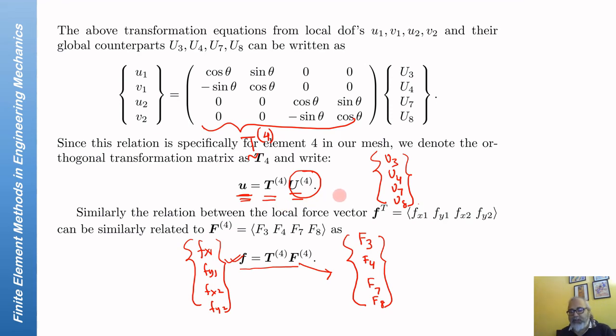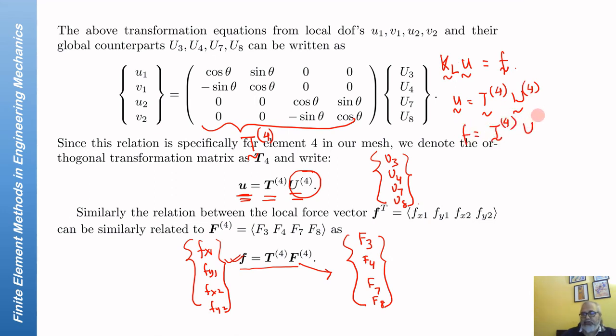We also know the relationship between U and F. We know that KL times U is equal to F. Now we know that U is equal to T4 times capital U4, and F is T4 times capital F4.